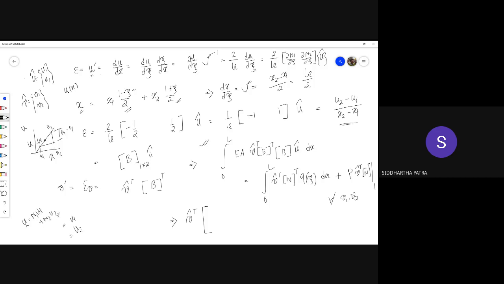We have already decided that the function is piecewise linear. That means if this is u and this is x, and let's say this much is element number 1, and this much is element number 2, and this much is element number 3, then from node to node, this is how u changes. This is how u is allowed to change. So that's what we have made up our mind.